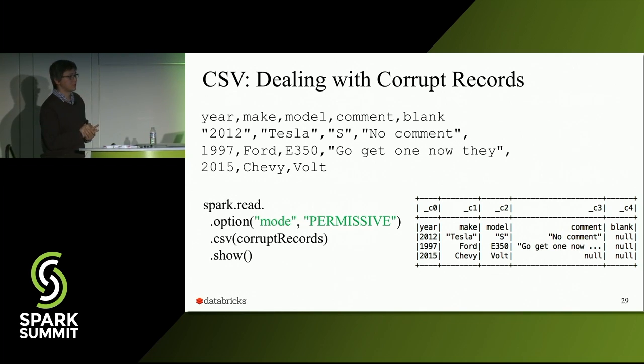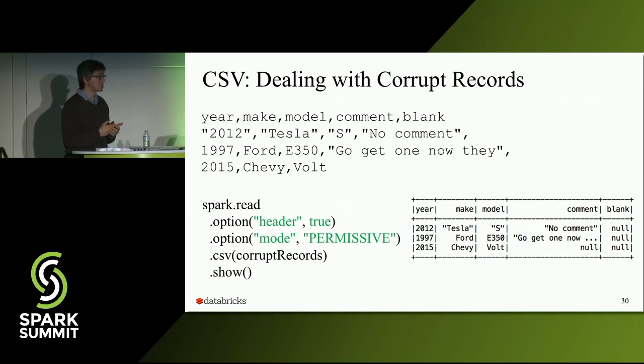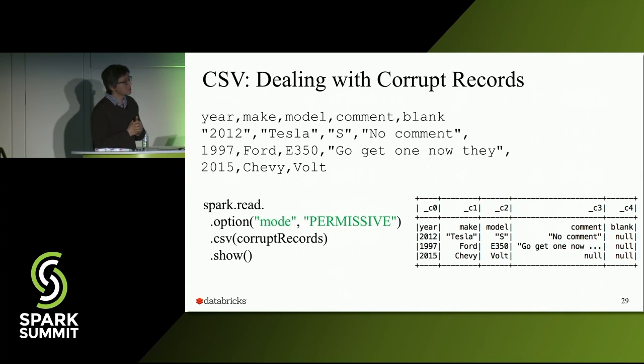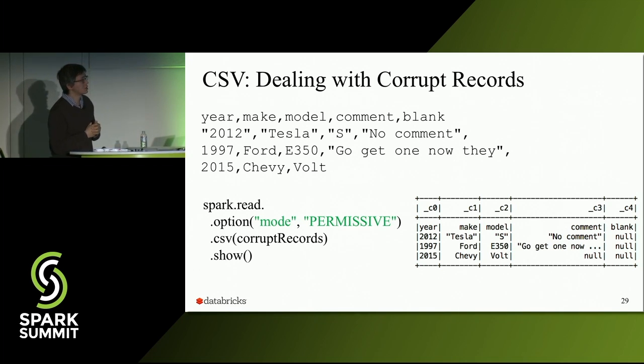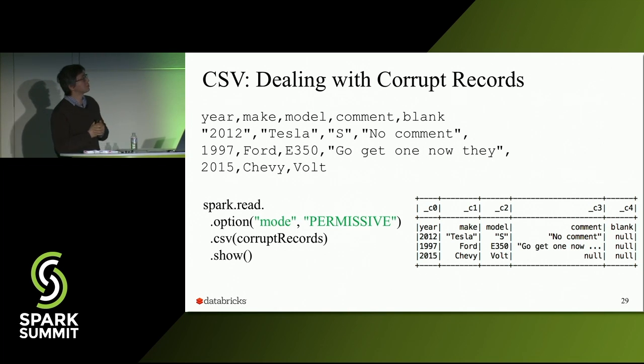For permissive mode with CSV, when we infer the schema, we do not directly put the corrupted records. But you still can, okay, let's look at it. You can see the columns C0, C2, C1, but maybe that's not what you want. The first row, you want to make it column names.